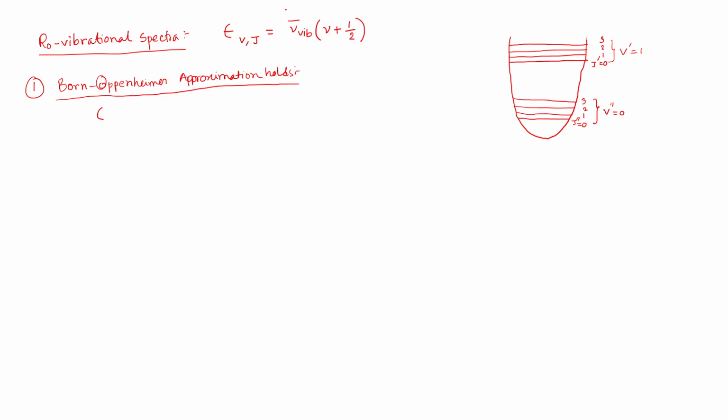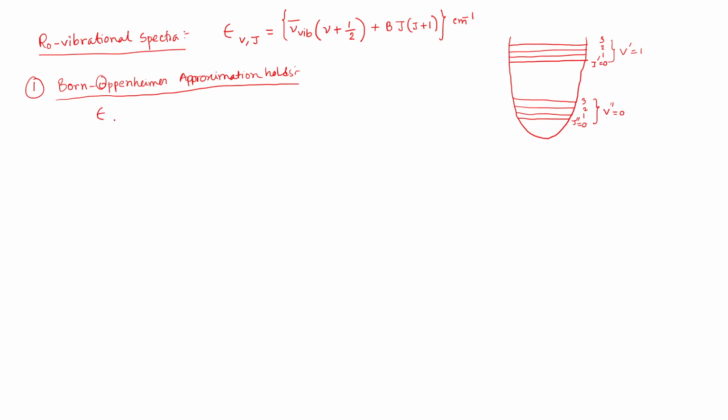We are going to write it in centimeter inverse, so this is the wavenumber; we already divided it by hc. For the rotational part we already know in centimeter inverse it is B into J into J plus 1. So we are all taking it in centimeter inverse.